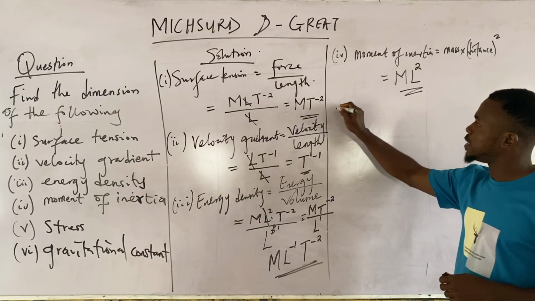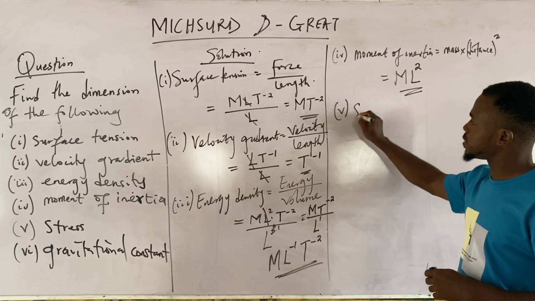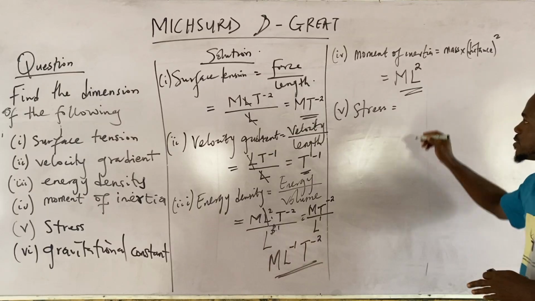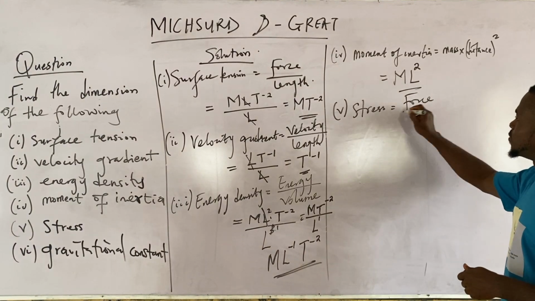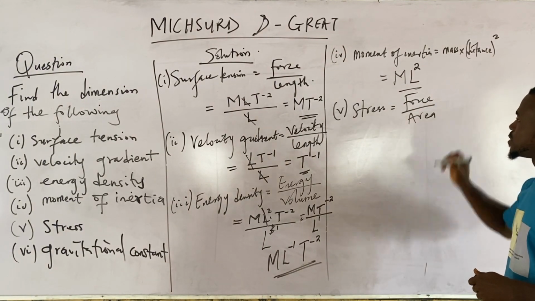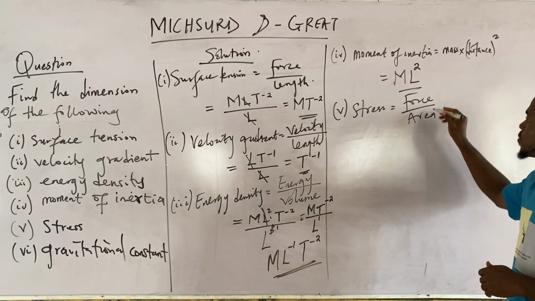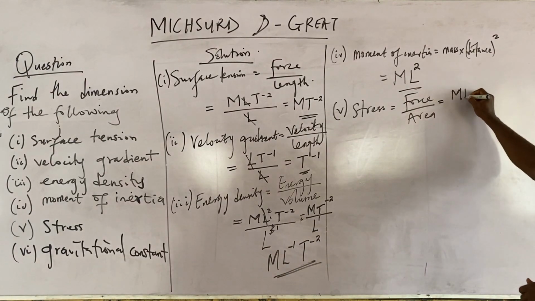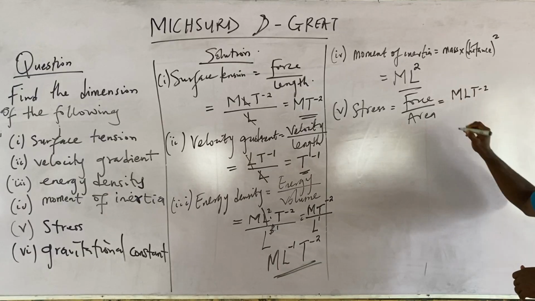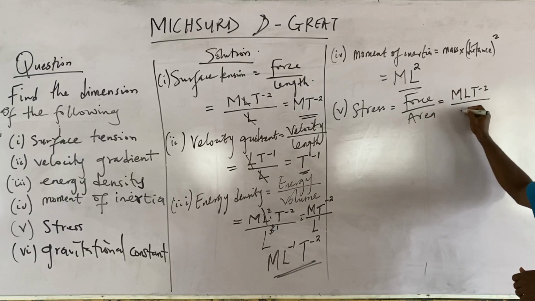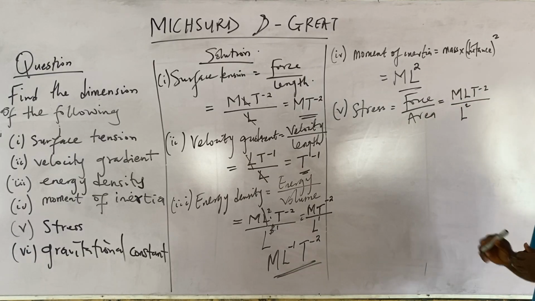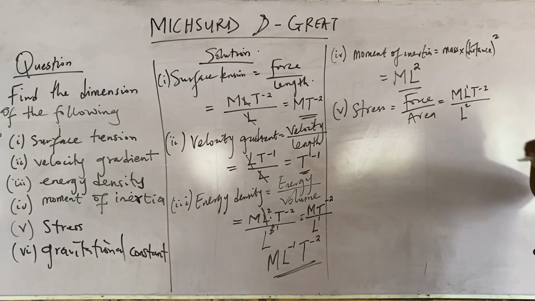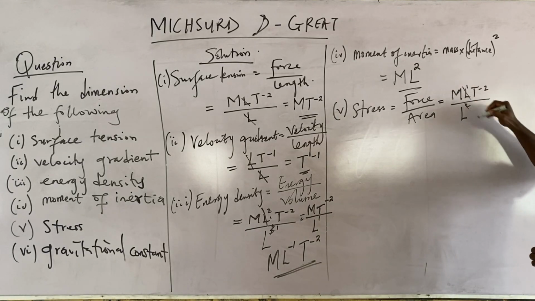Now the dimension for stress. What is the formula for stress? Stress is given as force over area. Now we have the dimension for force as MLT^-2, and the dimension for area is L^2. You can see that we have one L here and two here, so we cancel one of these.